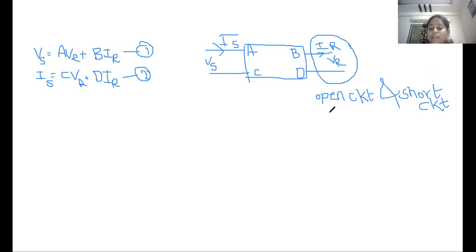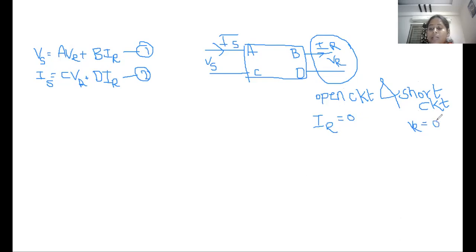For the open circuit, the current value equals 0, that is IR equals 0. In the short circuit, only the current is flowing, so the voltage VR equals 0.